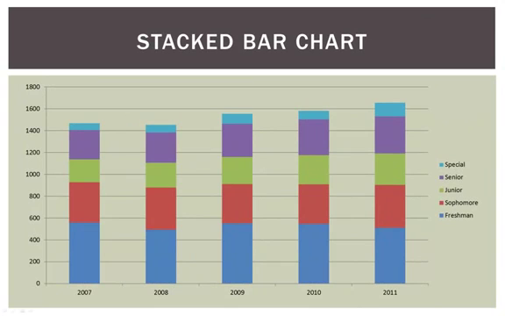Now, here is a stacked bar chart, which is another way of looking at our data. So within each year, we have the number of students in each class level, and then they're stacked on top of each other. So what does this do for us that's new? Well, it helps us see proportional enrollment.